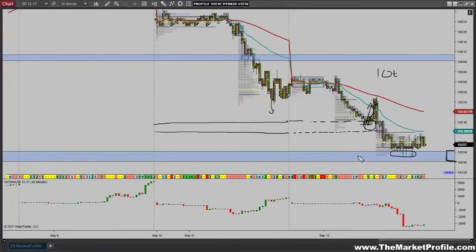How did I find that support? Using the market profile. Now, this one was tough. I had an order at 155.02 to get long. I ended up canceling the trade because institutional traders were selling pretty hard the closer prices were getting to my position. So I figured, I probably don't want to be long anymore.